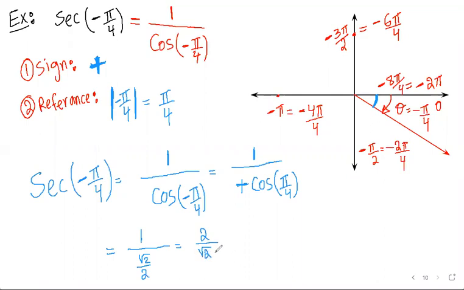To make the denominator without a radical, we multiply by square root of 2, and this gives me 2 square root of 2 over 2. We can cancel, and the answer is square root of 2. So the value for the secant of minus pi over 4 is square root of 2.